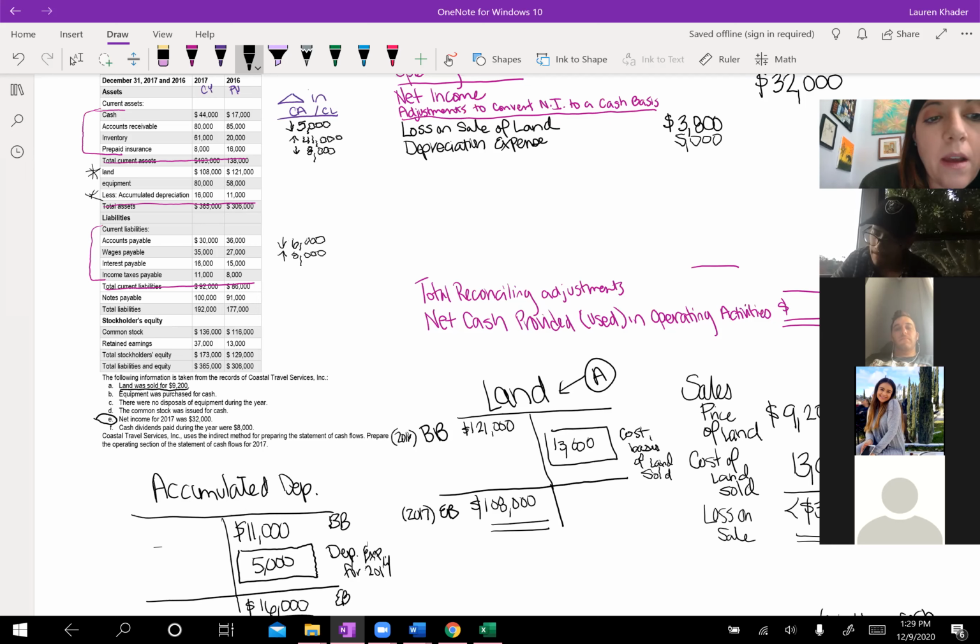And then interest payable went from 15,000 to 16,000, an increase of 1,000. The last one, income tax payable, went from 8,000 to 11,000, an increase of 3,000.